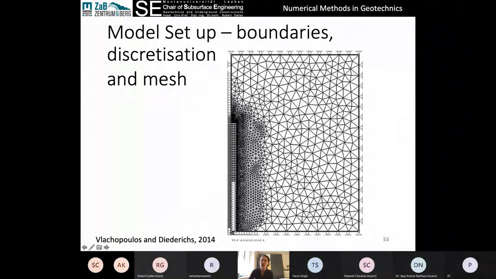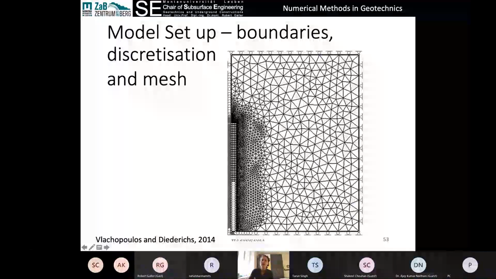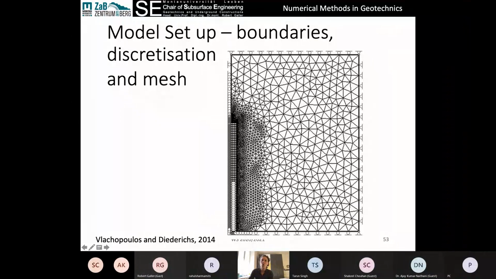If our elements are too large, then the amount of change that we'll have over a certain area will be too big and won't give us the amount of detail that we want for our design. So a method then is to have a mesh where it's finer near the excavation boundary and coarser near the external boundary.